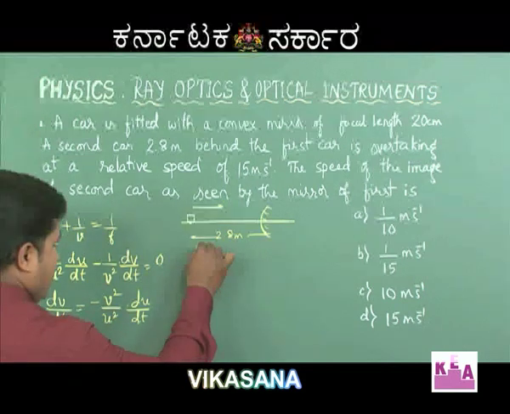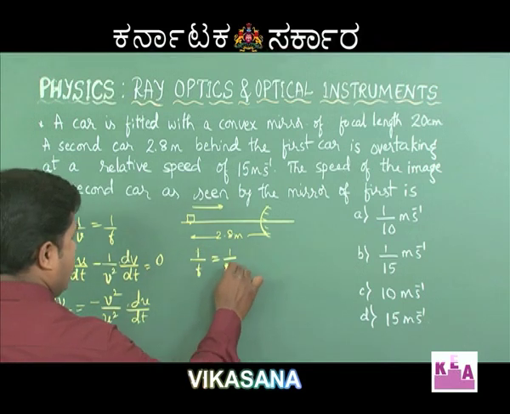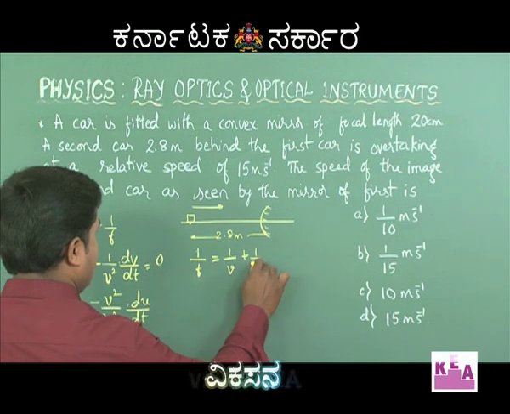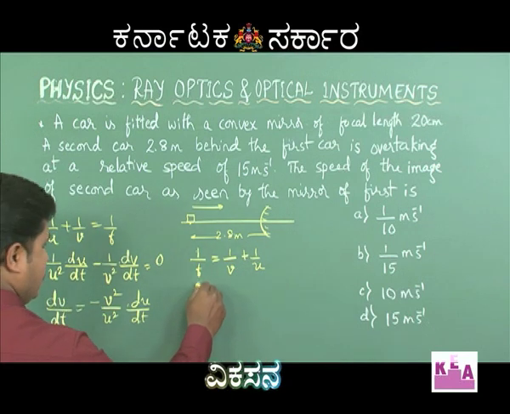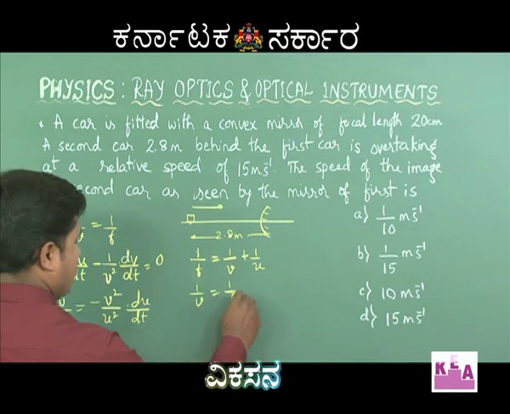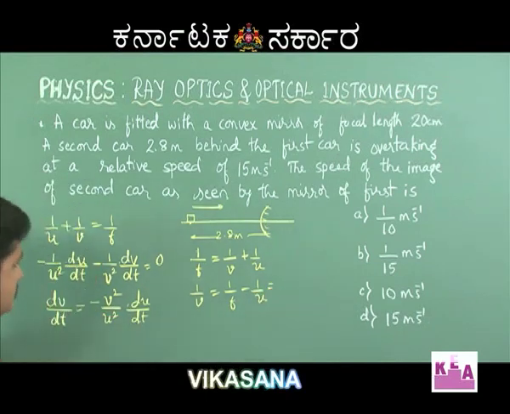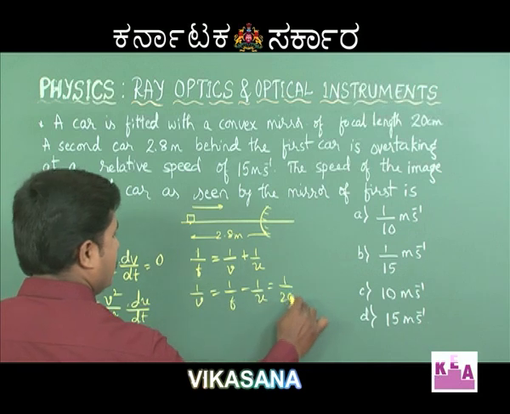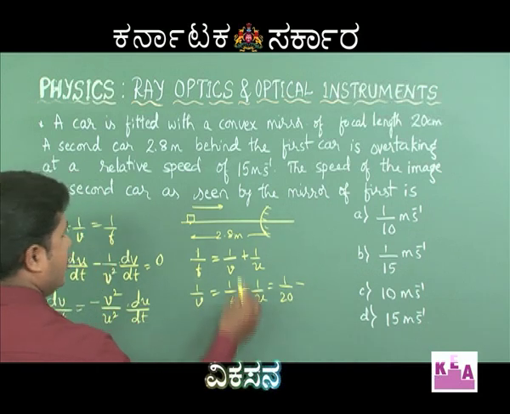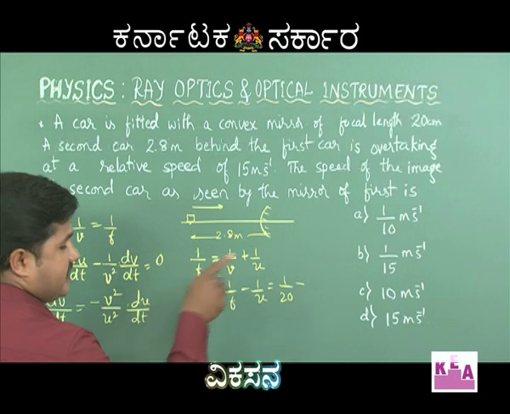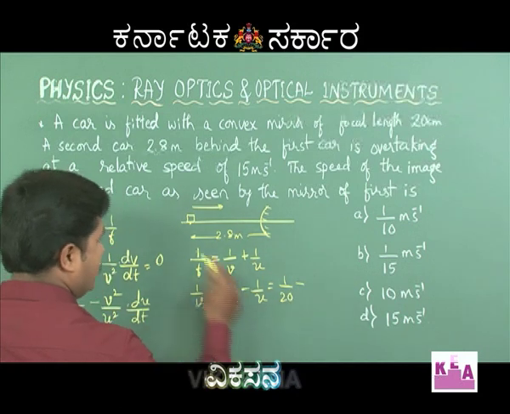Now 1 by f is equal to 1 by v plus 1 by u, and I want the image position, that is 1 over v is equal to 1 by f minus 1 by u. This is 1 by 20, positive, minus 1 over u. The object is in the opposite direction to the incident light, therefore u should be taken to be negative.